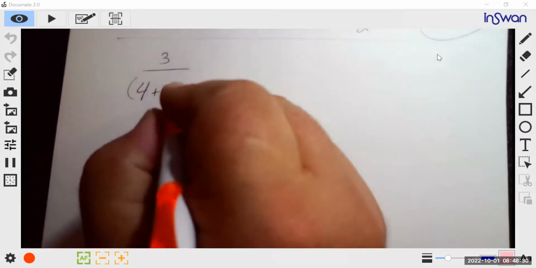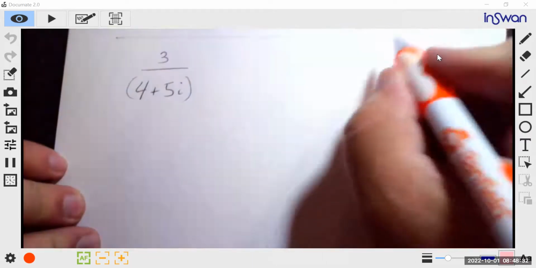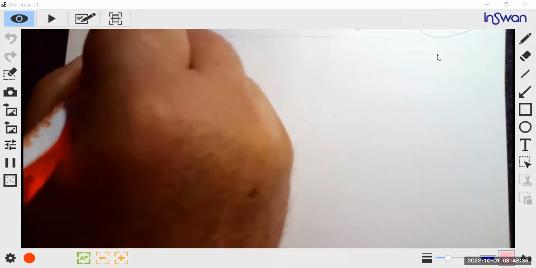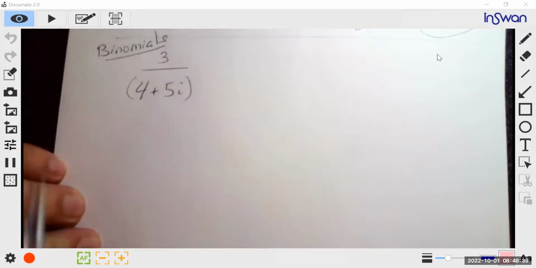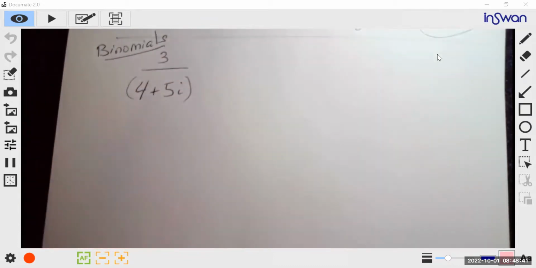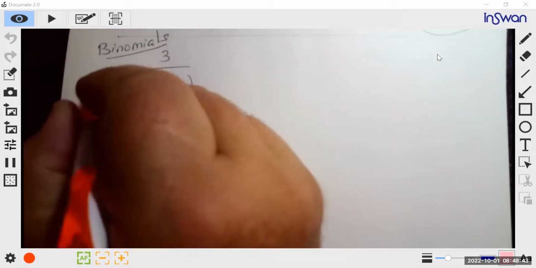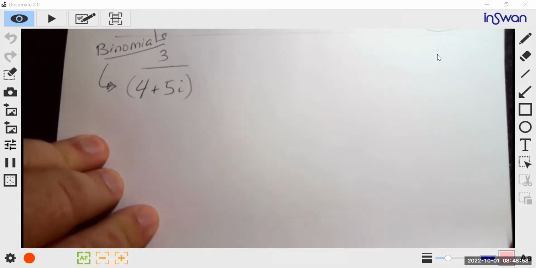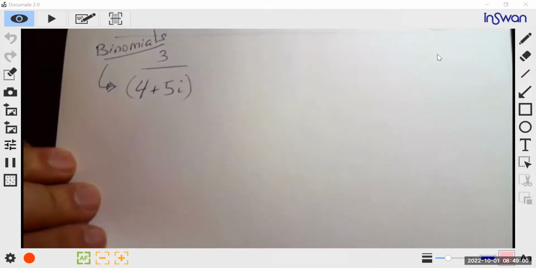Since the bottom is a binomial now, these are now binomials on the bottom. This was not as simple as the other one.